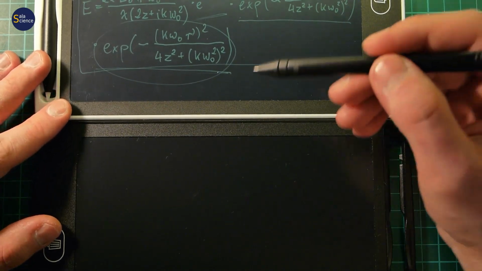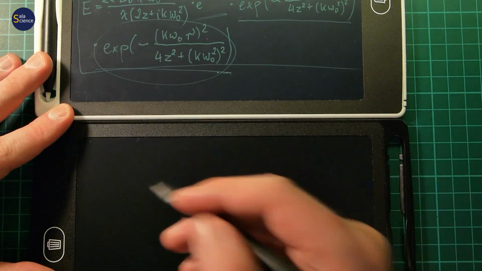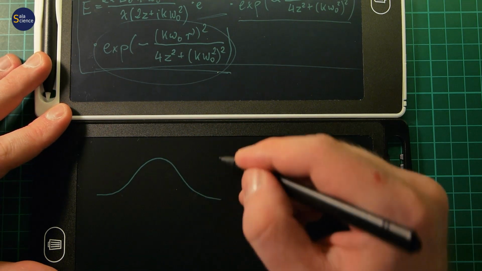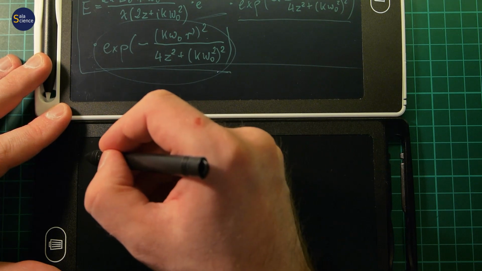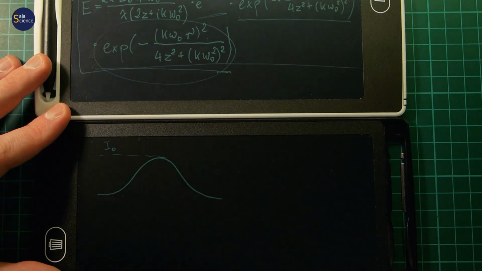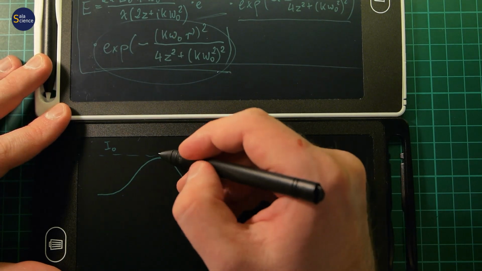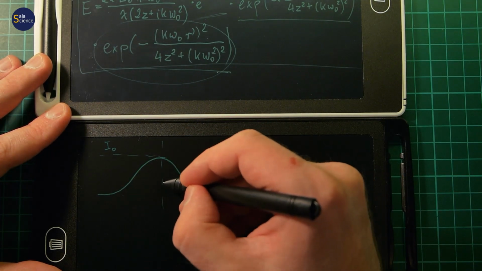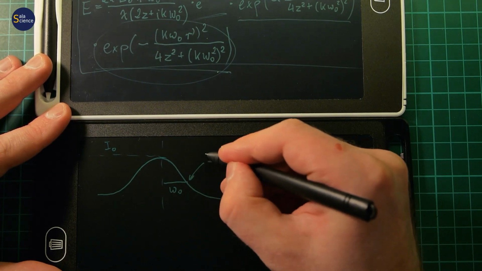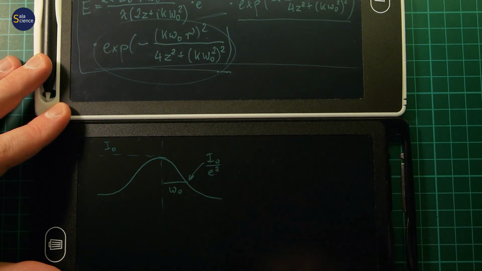We know that w naught, if we have even in 1D a Gaussian profile, and previously we discussed the width for the intensity, and I told you that w naught appears for I naught over e squared.